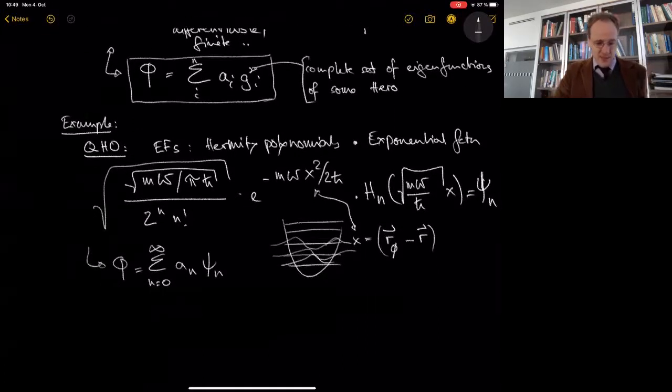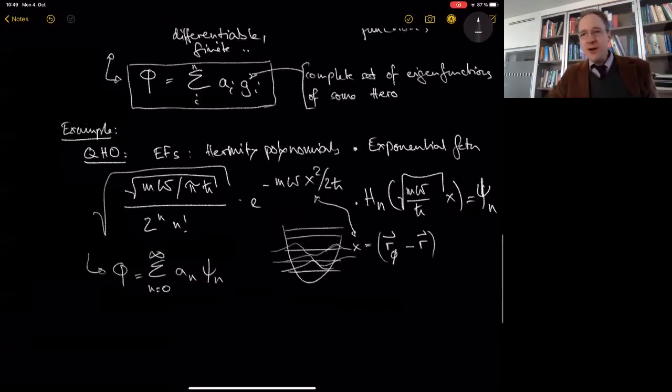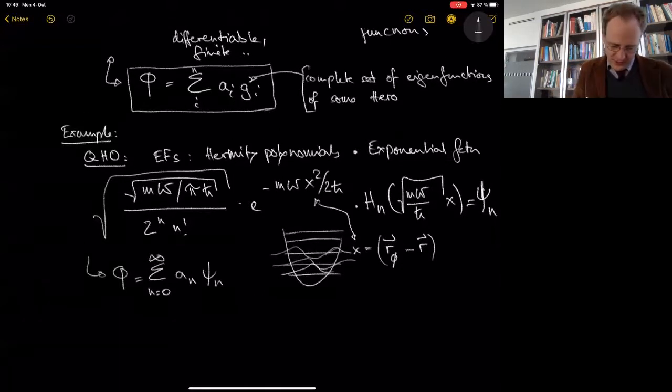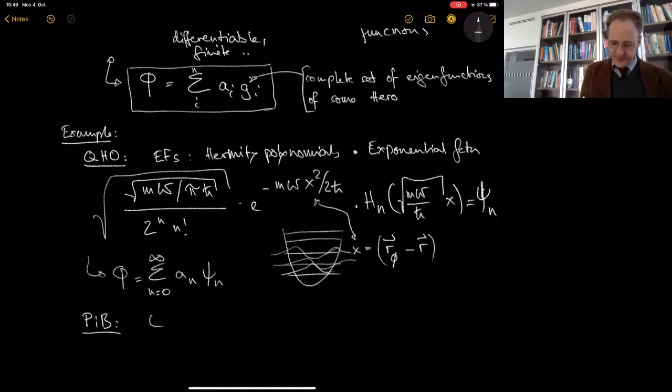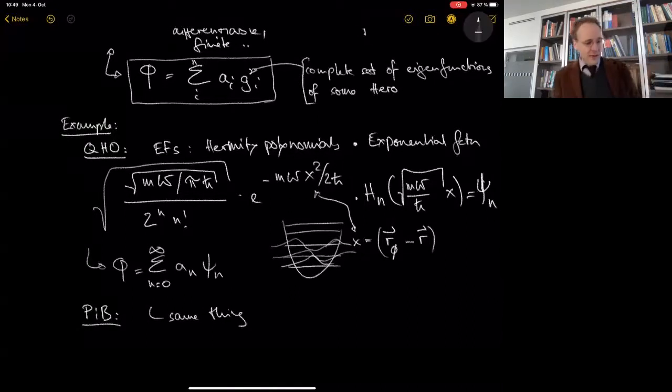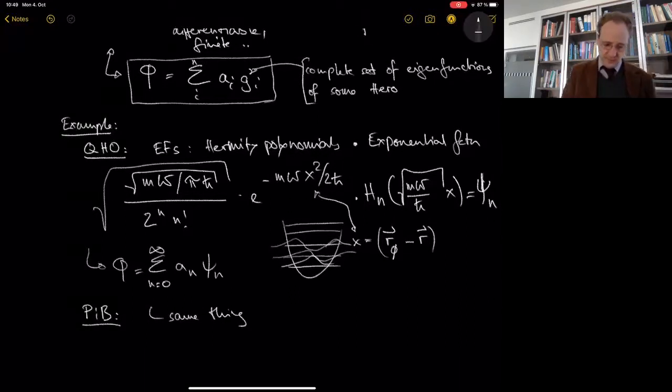All right. You can also think about, so do this at home. Look at the eigenfunctions of your particle in the box. Could you do this with the hydrogen atom?